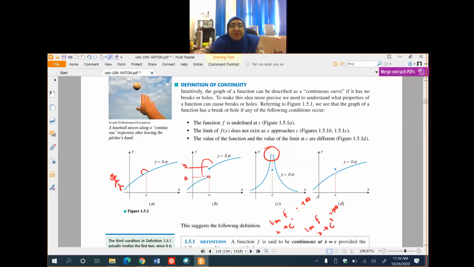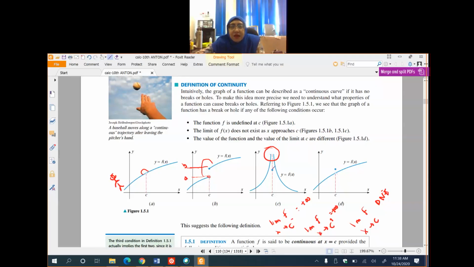Plus infinity means it does not exist. So the limit of f as x tends to c does not exist because we don't know the value of this plus infinity. So the limit does not exist as x approaches c.